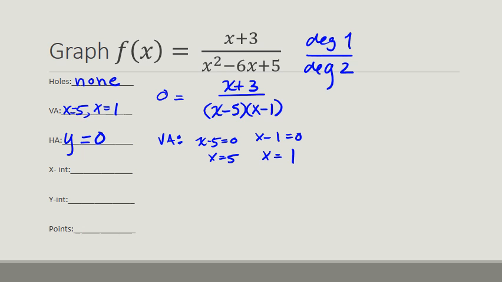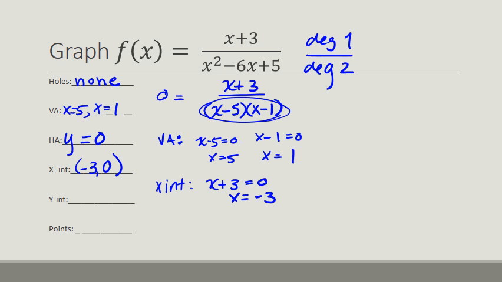Well, I would do that by multiplying both sides by the denominator, and it would give me 0. So basically, we're just going to take our numerator and set it equal to 0 to give me the x-intercept. So x equals -3, and that's the ordered pair, -3 and 0.